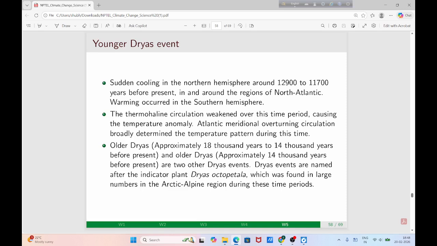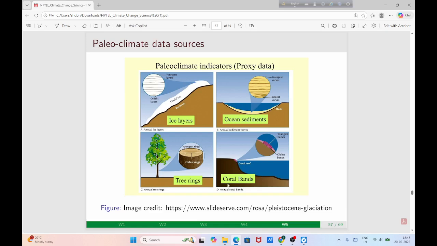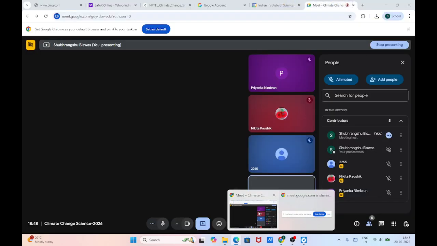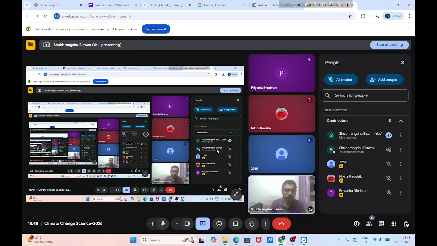Okay, so I will just ask you one question. Can we use tree rings for determining this type of events? What is your idea on this, from the range of the paleoclimate data which was before 11,000 or 12,000 years before present? What can be a good proxy?